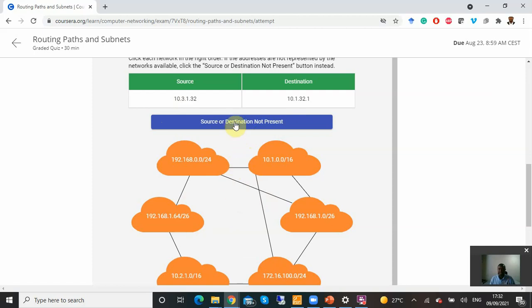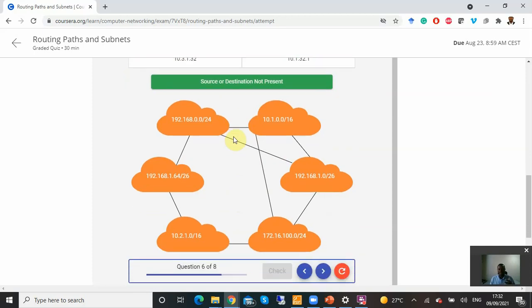Now let's click. You can see it turned green immediately to show that our answer is correct. Let's move to the next question.